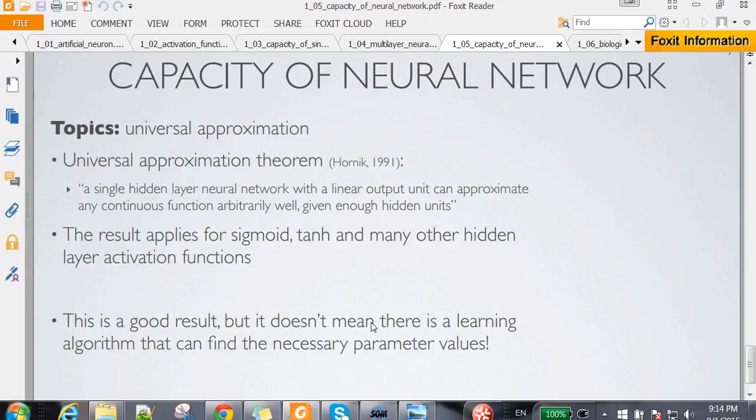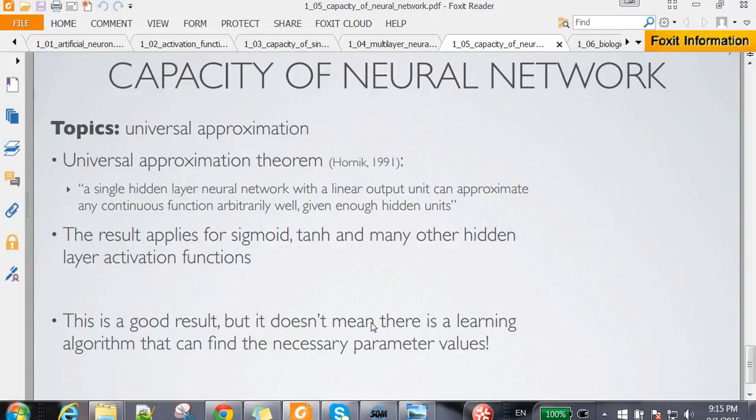In other words, we haven't talked about how to find the parameters, but most of the time we use backpropagation and what's called the gradient descent method. But anyway, we haven't talked about that yet. That's not necessarily going to find the parameters.